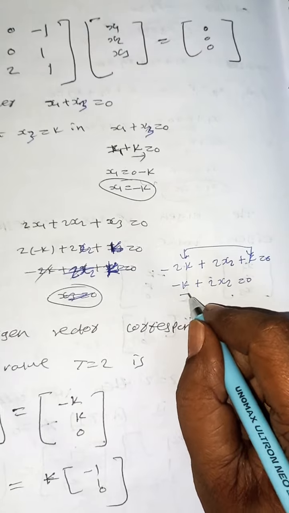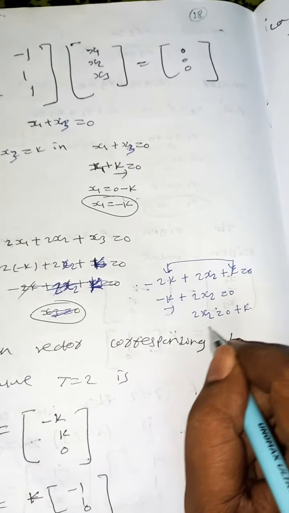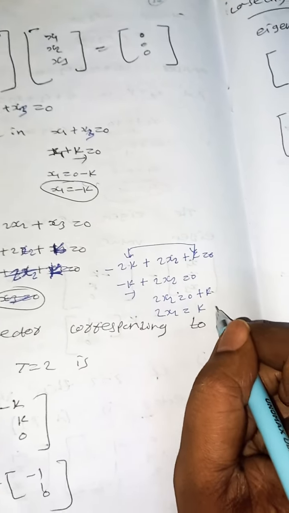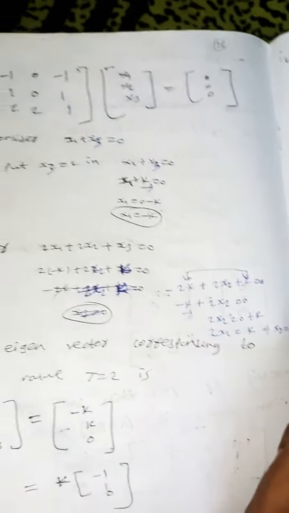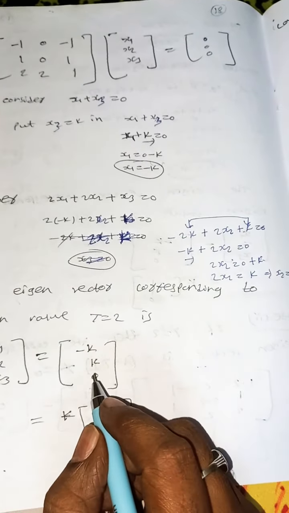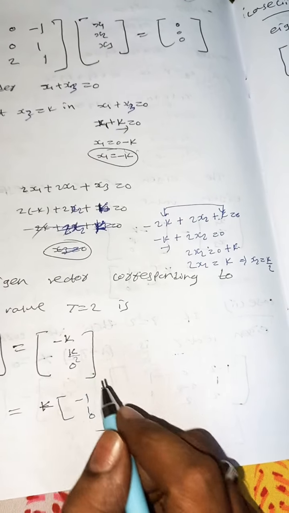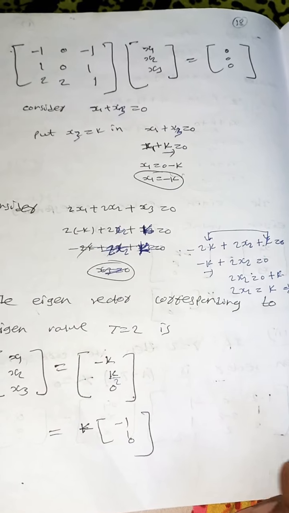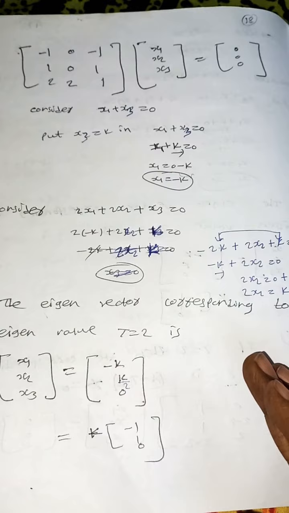So here send minus k to the other side, 2x2 is equal to 0 plus k. So x2 is equal to k, and if you simplify this, x2 is equal to k by 2. So here the changes will come. The x2 value is k by 2, the x3 value is k, and the x1 value is minus k.